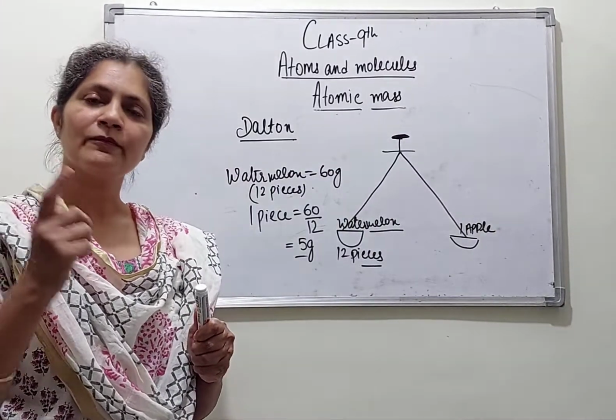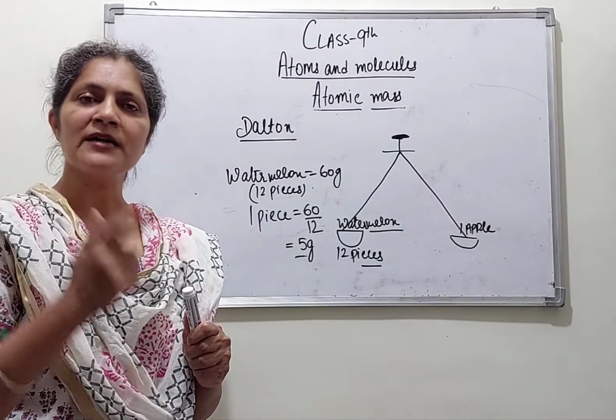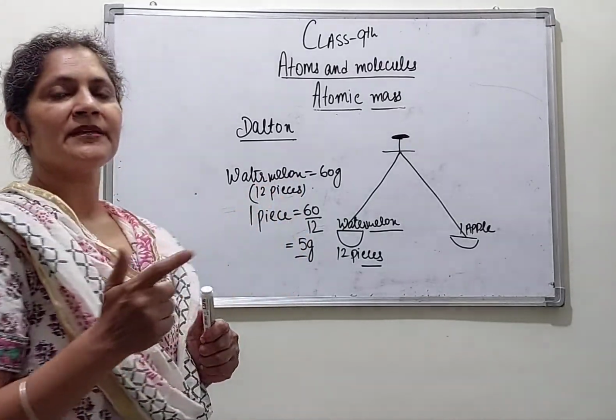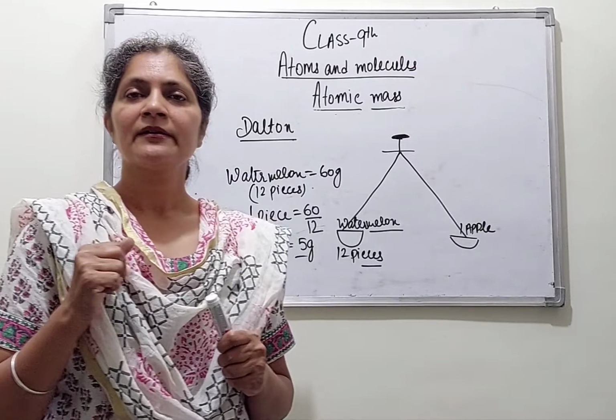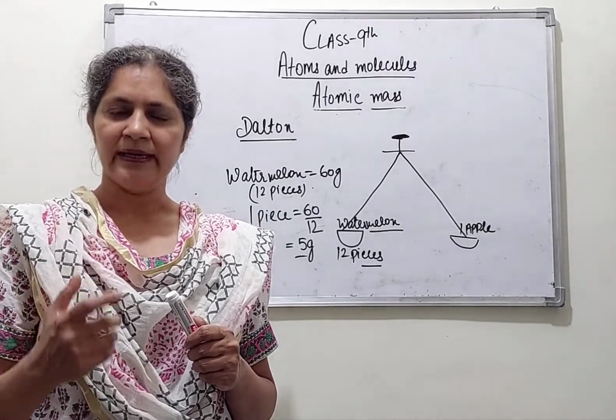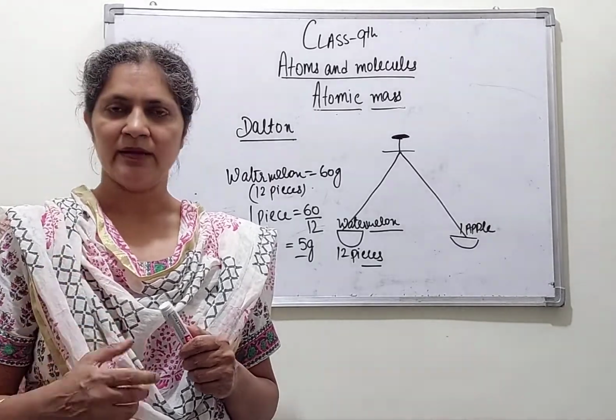Right students? So the mass of one apple is equal to the mass of one piece of the watermelon. Now students, the same is the case with the atoms of the elements.